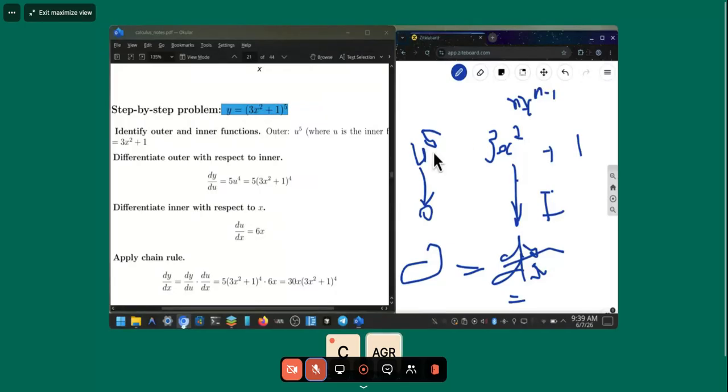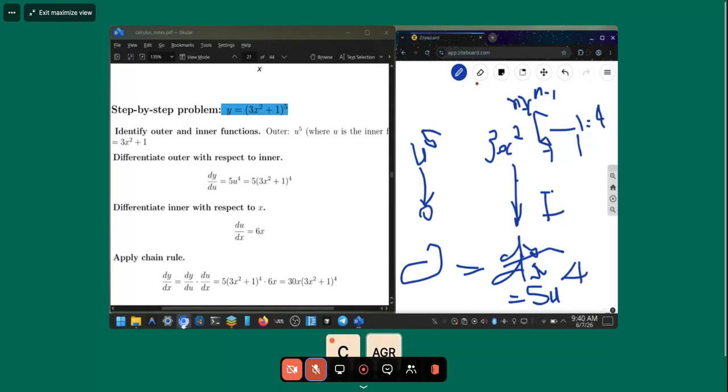Here n becomes 5. Here there is only a u term, not an x term. That is the difference, you have to write that u. Then n minus 1, 5 minus 1 is equal to 4.